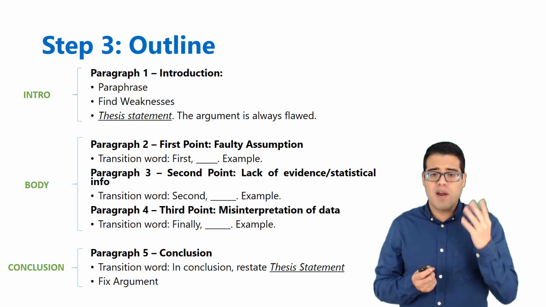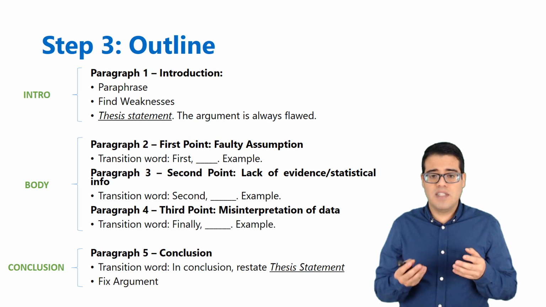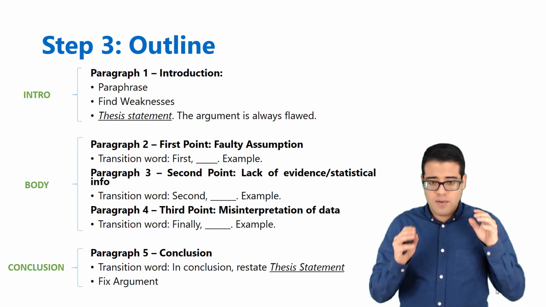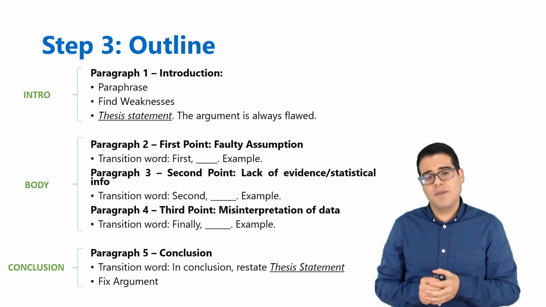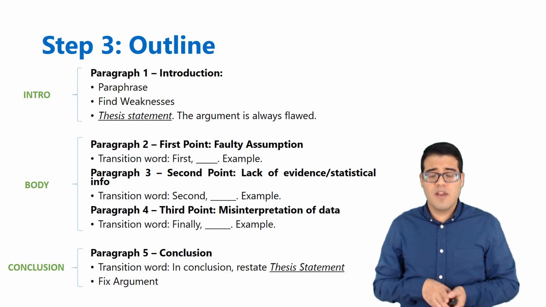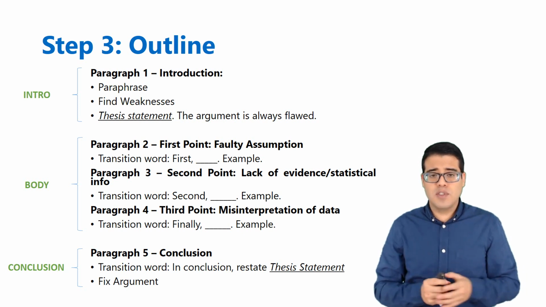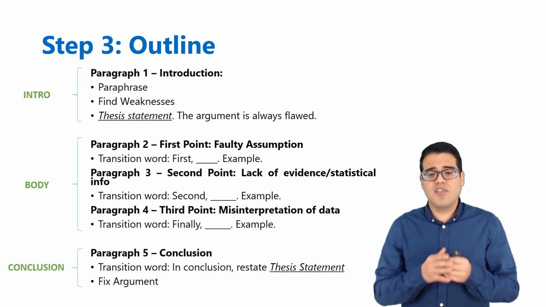Then in the fourth paragraph, you can add a third point, maybe a misinterpretation of data. Okay, and again, you write your transition word, maybe finally, you explain the flaw, you give an example. And finally, in the conclusion, you just need to write one paragraph. You can write in conclusion, to summarize, to conclude, any transition word, and then you restate your thesis statement.